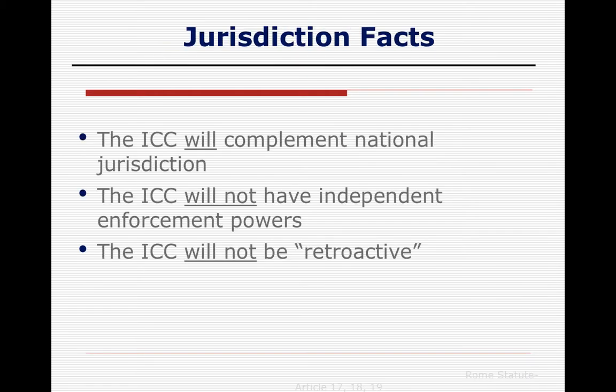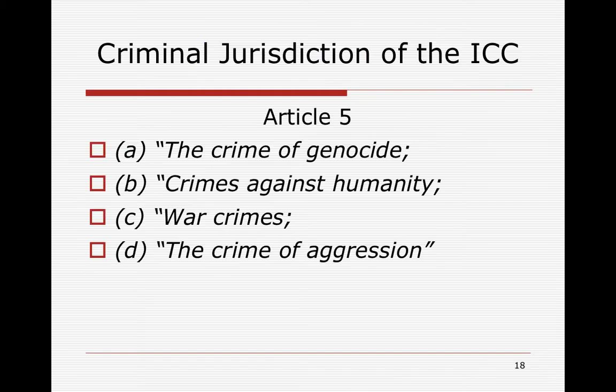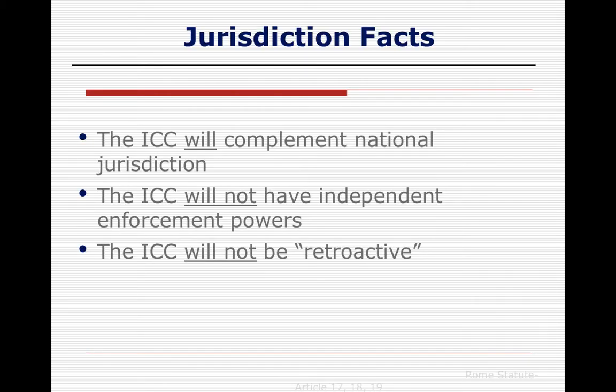Certain other jurisdictional facts. One is the ICC is going to complement national jurisdiction. So that means ultimately, if any wrongs happen, the first point of seeking redressal are the national courts. So that is something we should not lose sight of. Second, it will not have any independent enforcement powers. This is similar to many other international adjudicatory bodies.